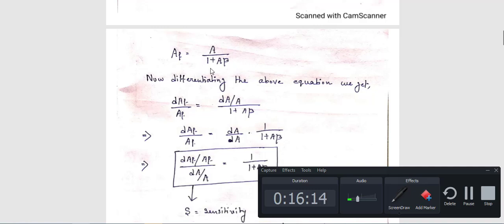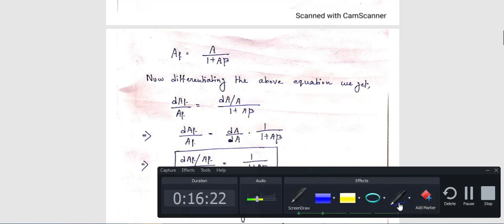Now one thing you tell me: which value is greater, 1 plus A beta or 1 minus A beta? Suppose you have two expressions, 1 plus A beta and 1 minus A beta.